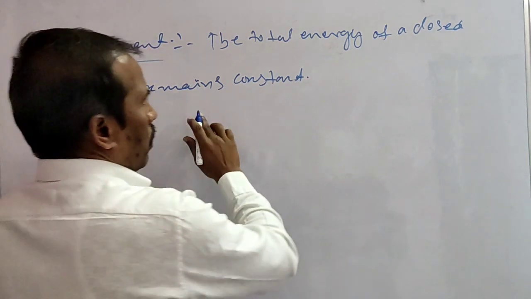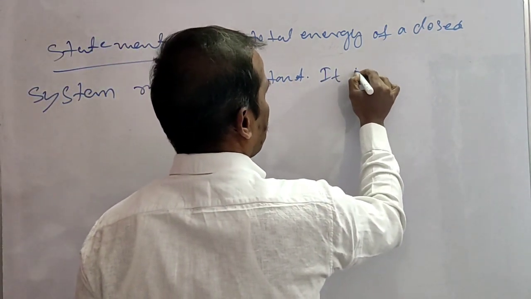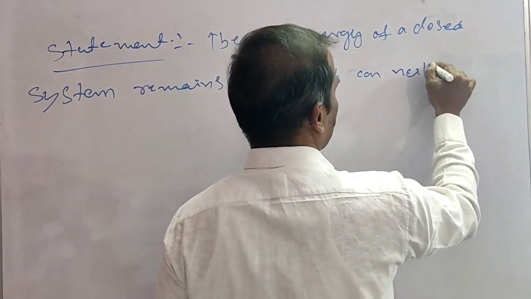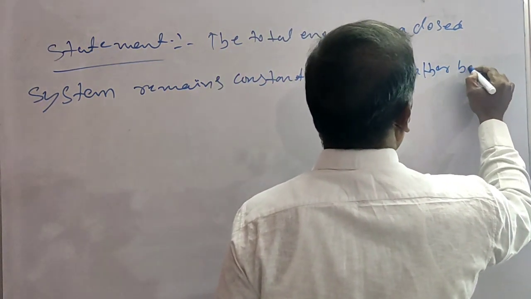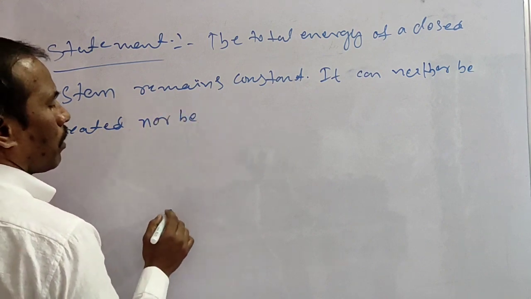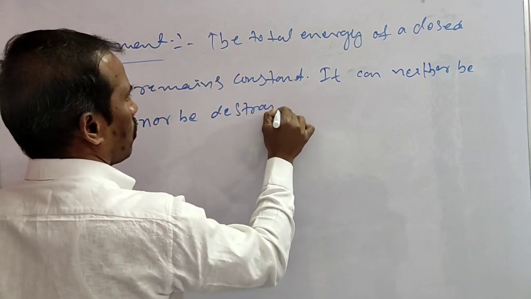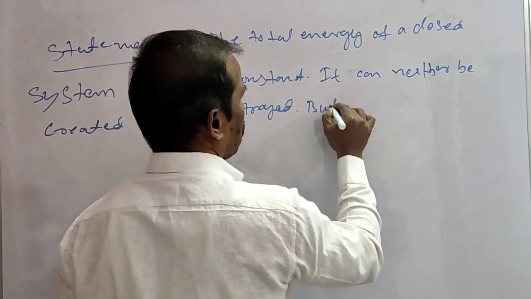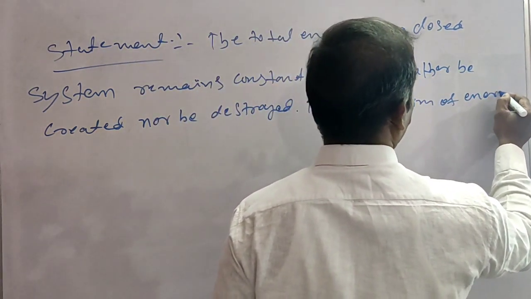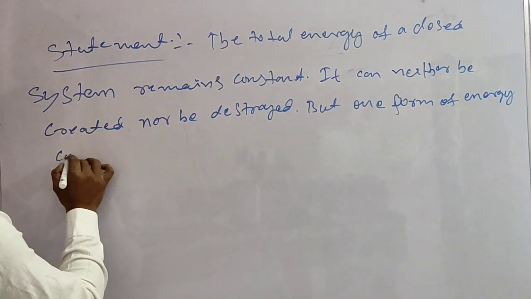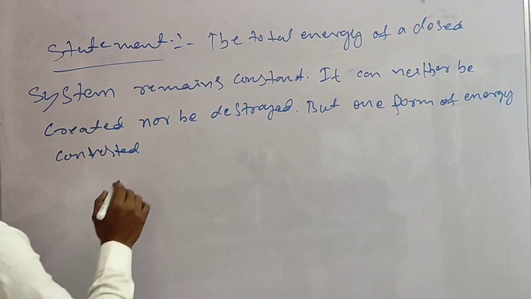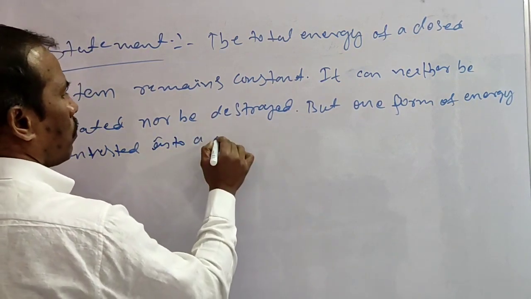Now here, constant means it can neither be created nor be destroyed, but one form of energy is converted into another form.